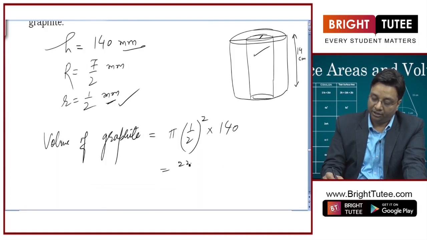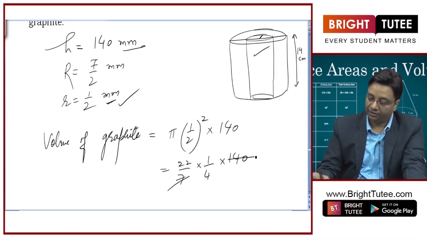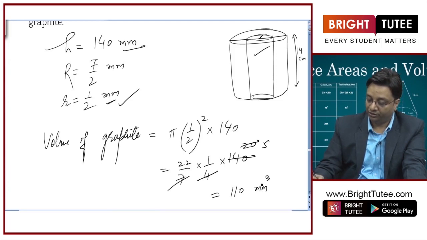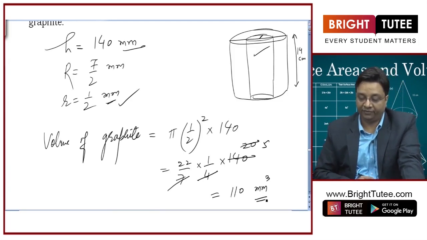So it is equal to 22 by 7 into 1 by 4 into 140. So this will give you, 4 5s are 20, so it is 110. Now what is the unit here? Millimeter cubes. This is the volume of graphite.